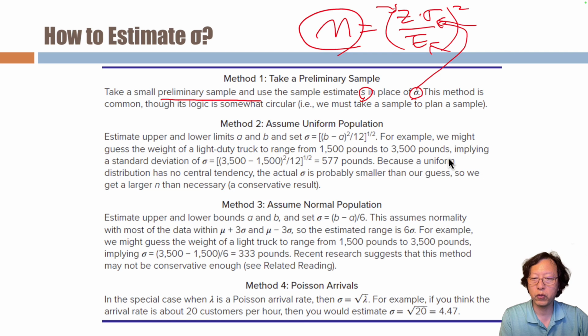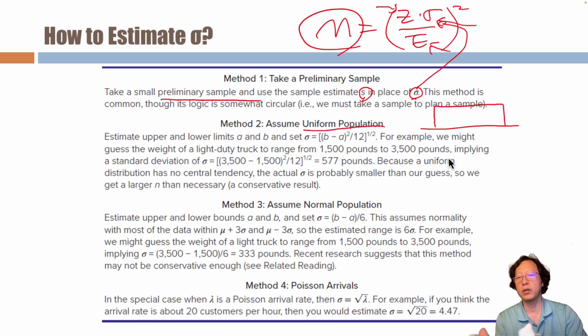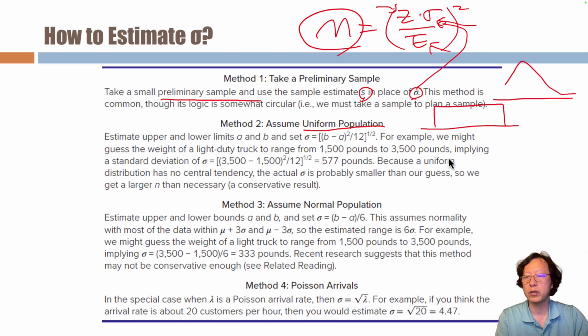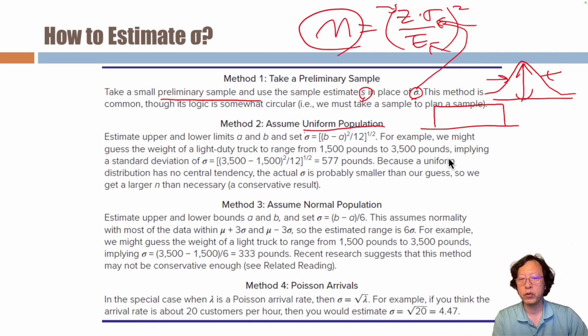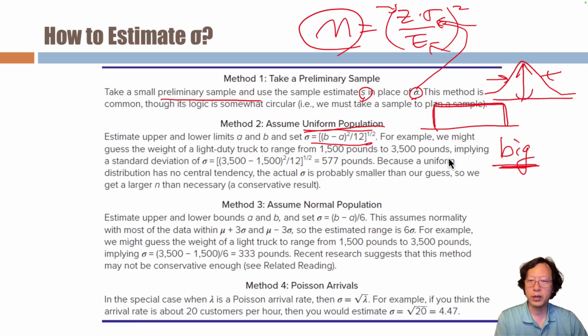The second one is we assume a uniform distribution. A uniform distribution doesn't have a center. In most cases, as in the normal distribution, the center is the thickest part. However, the uniform has no center concentration at all. So if you calculate the standard deviation of a uniform distribution, it is relatively big. If you use a big standard deviation, it means you are calculating a large n.